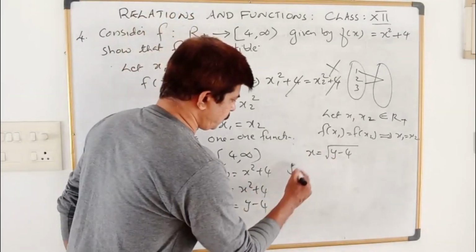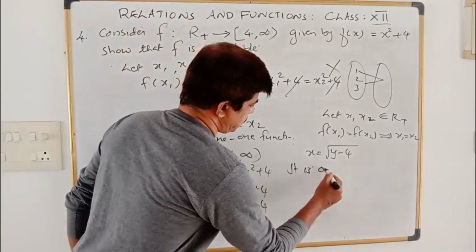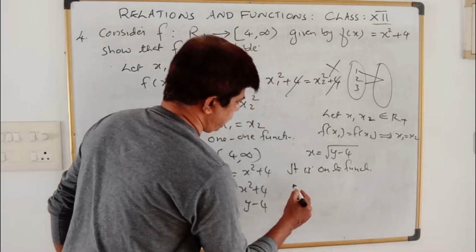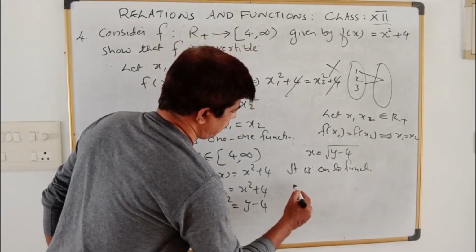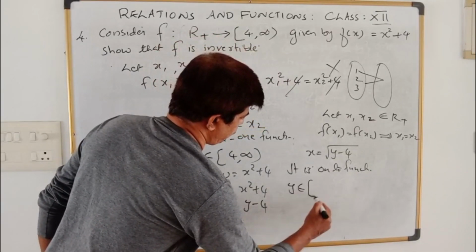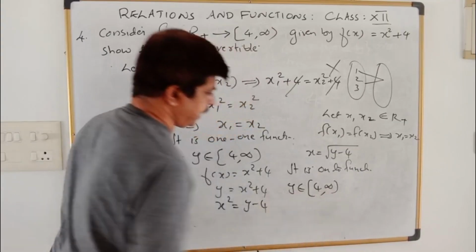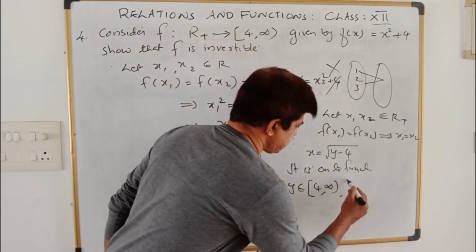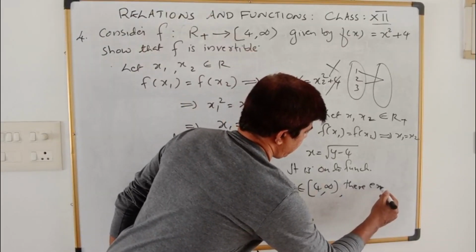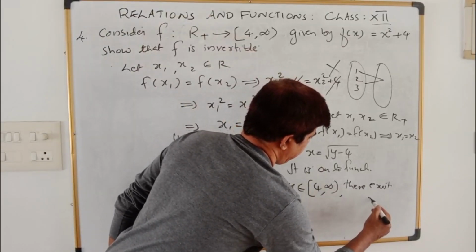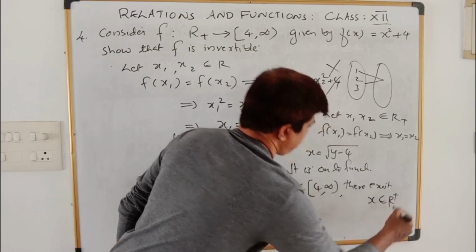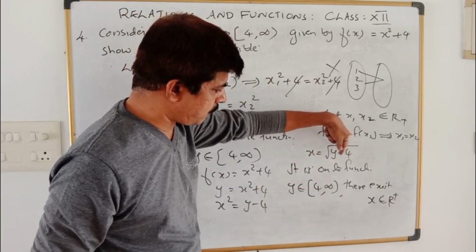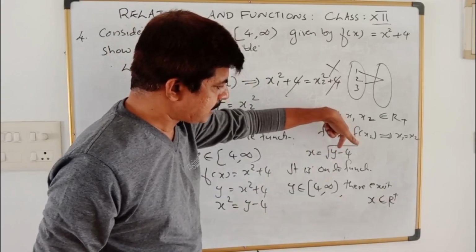It is an onto function: for every y starting from 4 to infinity, our range, there exists x belongs to positive R. Starting from 4 we can substitute for y: 5 minus 4, 6 minus 4, 7 minus 4.